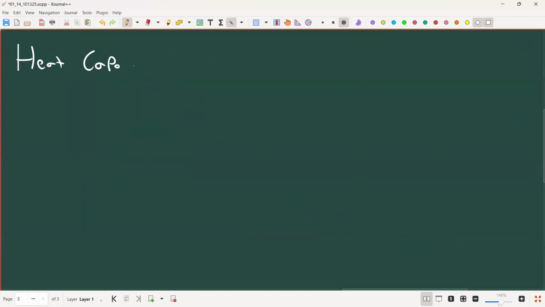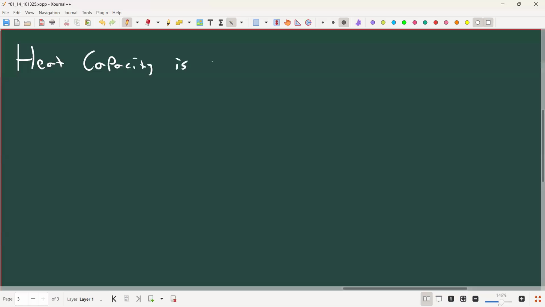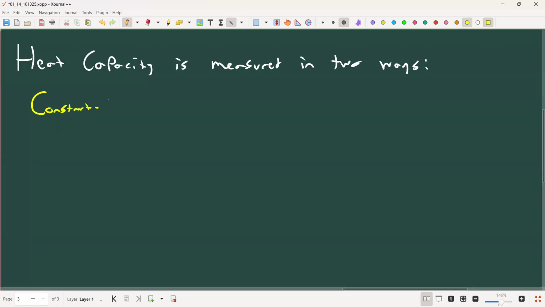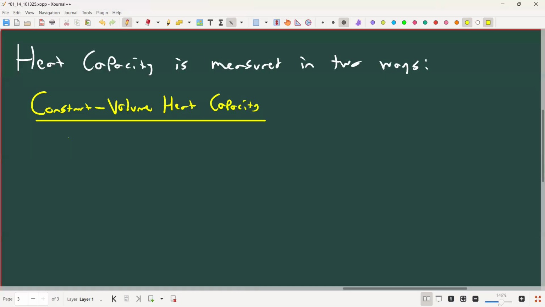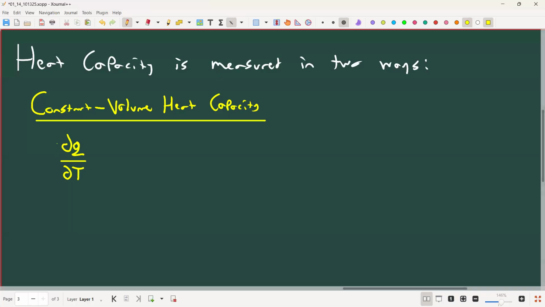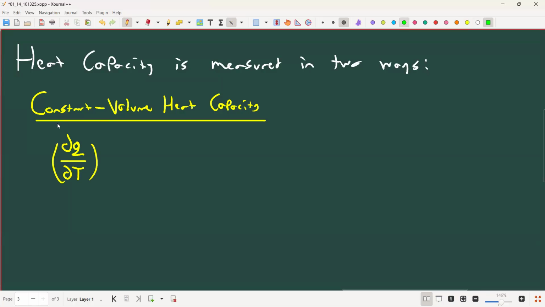So heat capacity is measured in two ways. First, there's the constant volume heat capacity, which says that the change in heat for a material with respect to the change in temperature, this is heat.